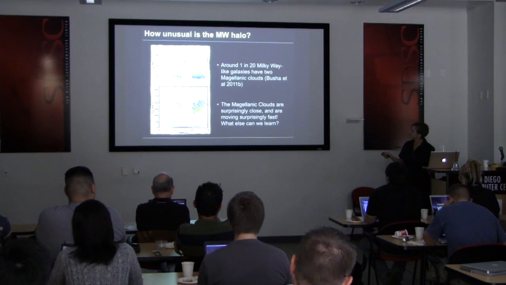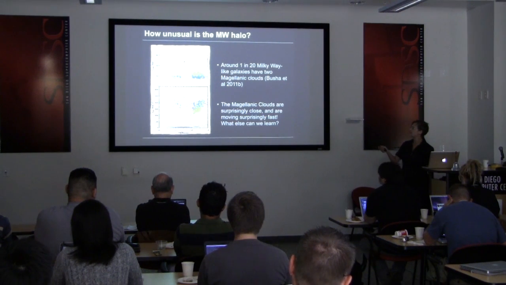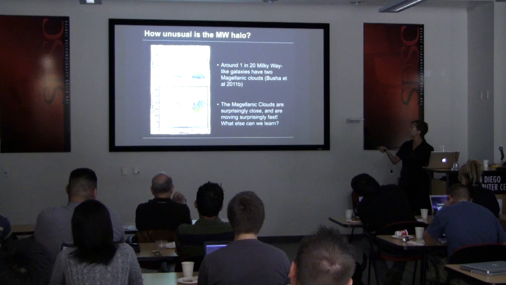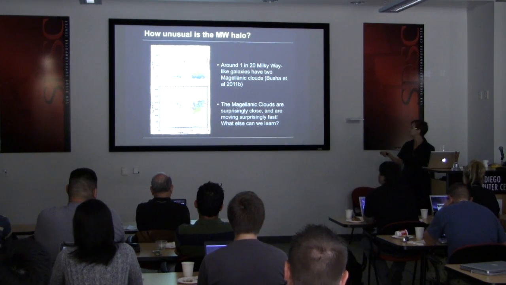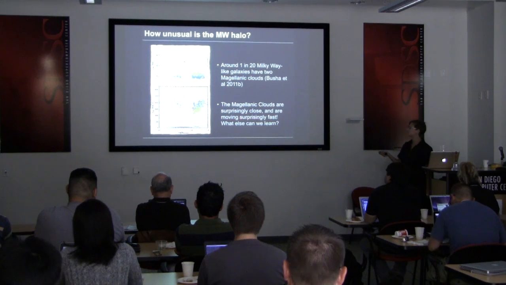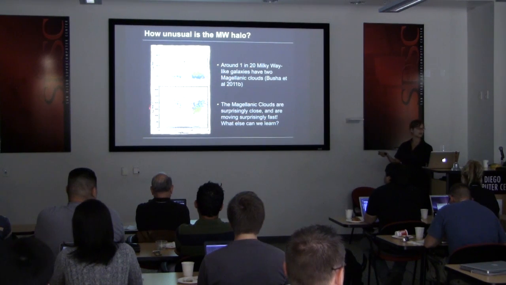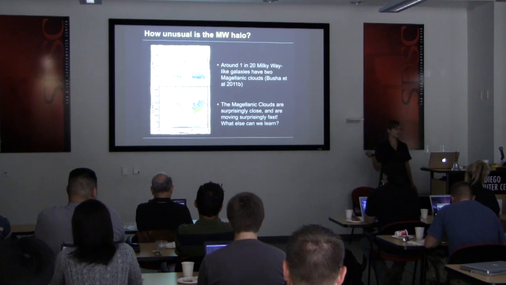So that's what's shown here. Most halos with two galaxies have them further out. The Milky Way is sort of over here and just outside the 1 sigma of all of the halos. And they're also moving surprisingly fast through the halo of the Milky Way. Okay, so that might imply something interesting about their dynamics.